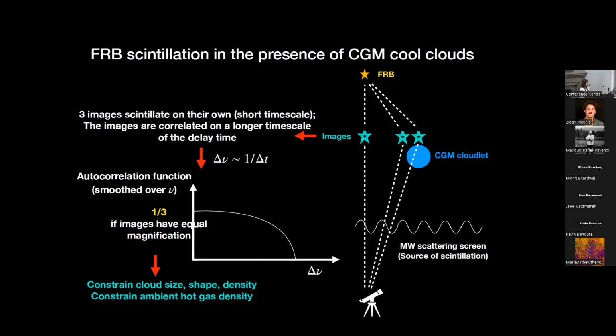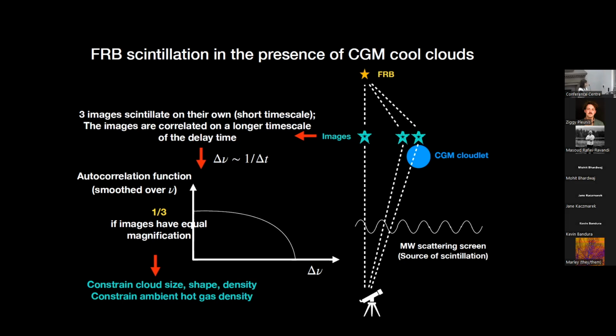If you're in the correct range of parameter space, you're going to see 3 images, shown by the cyan stars on top of the CGM cloud. And then there's another scattering screen down in the bottom. That's the Milky Way scattering screen, and that's what's going to give you scintillation. By the way, scintillation basically means the twinkling of the stars.